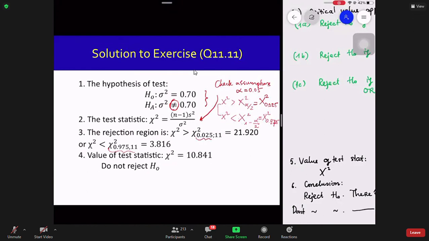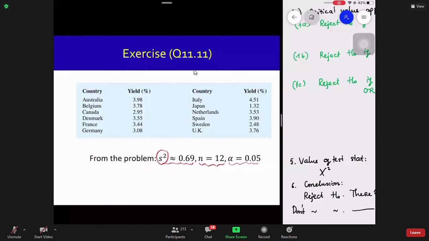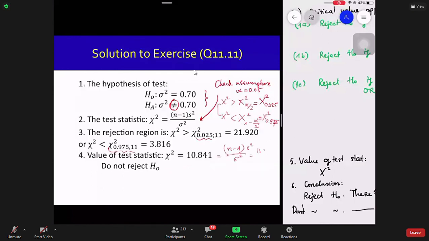And the value of the test statistic here is equal to (n minus 1) s squared over sigma squared, which is equal to 11 times 0.69 divided by 0.7.